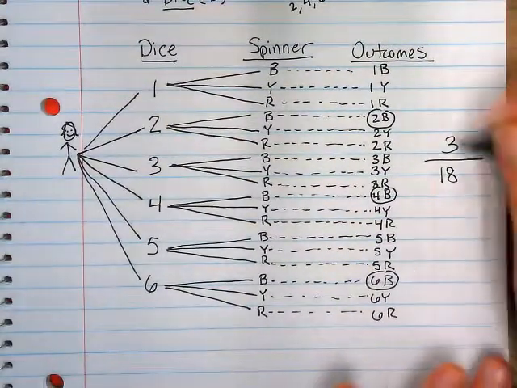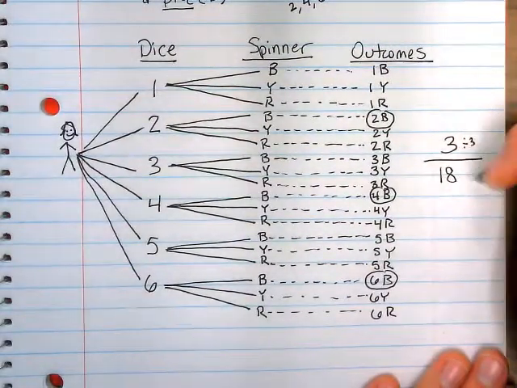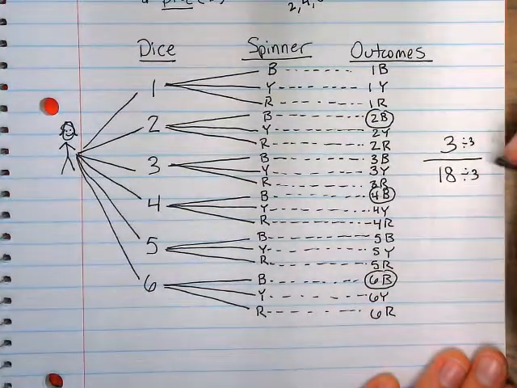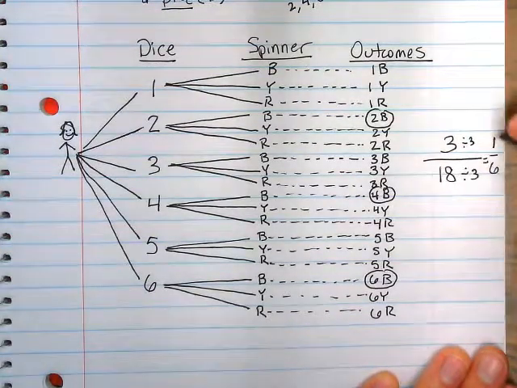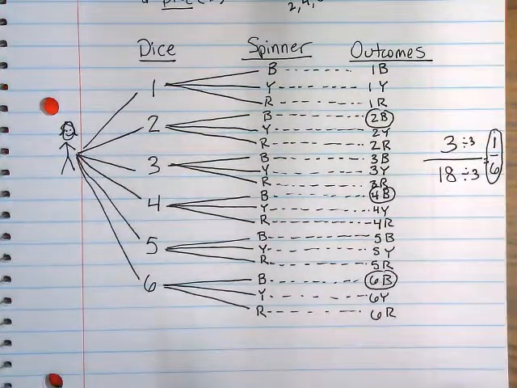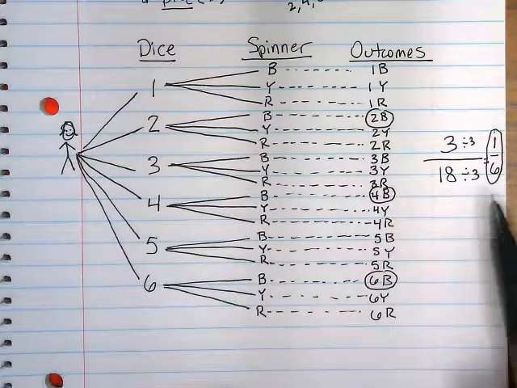And actually we can simplify this. Let's divide the top and the bottom by 3, and that will equal 1 over 6. So there's a 1 in 6 chance of rolling an even number and landing on blue with the spinner.